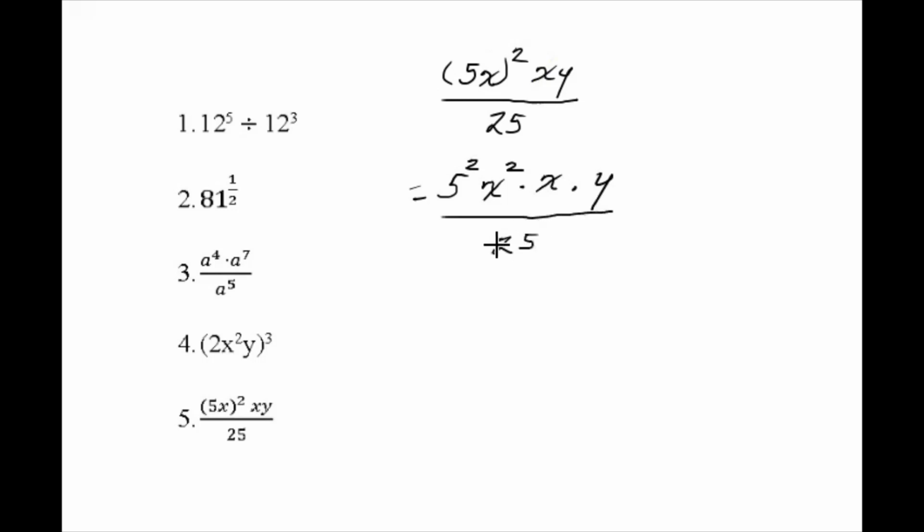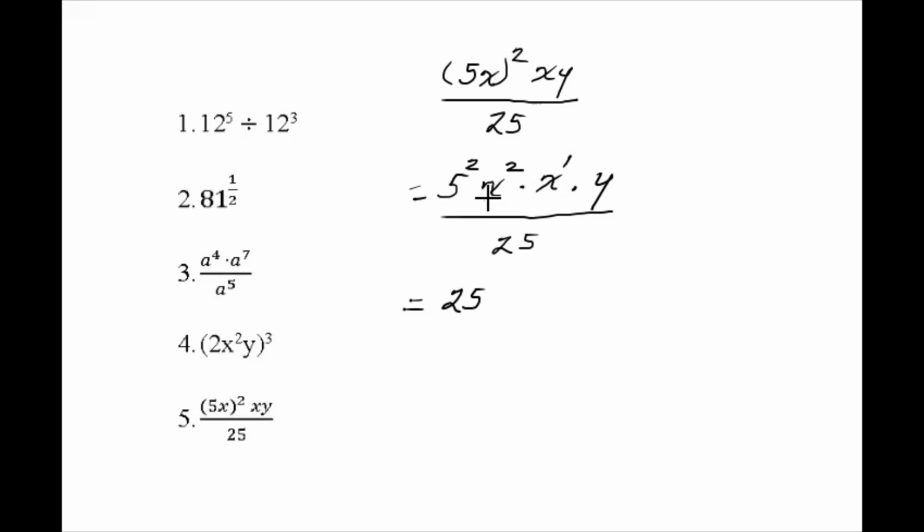So again, I'm just going step by step. So now this is 5 squared, which is 25. And this is x squared times x. Now really and truly, x is really x to the first power, right? We just don't write it. But it's important to note because what happens now is I have to add 2 plus 1. Remember, when I multiply, if it's the same base, I just add the powers, right?